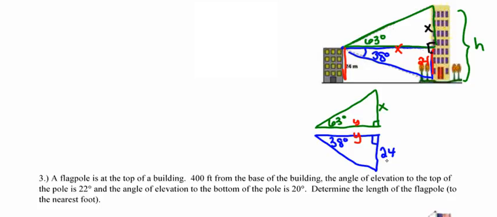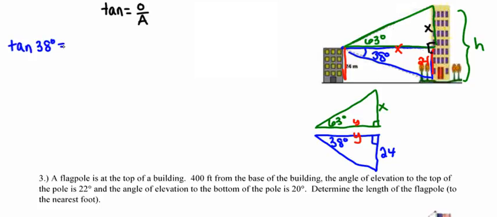Like the first example, the ratio that I want to use is the tangent ratio because it compares the side opposite to the side adjacent. And in the blue triangle, I've got this angle whose measure is 38 degrees.